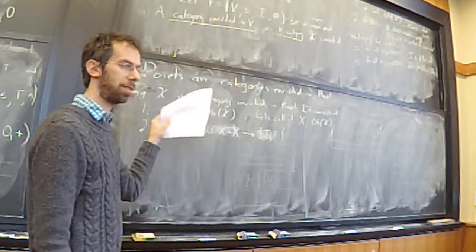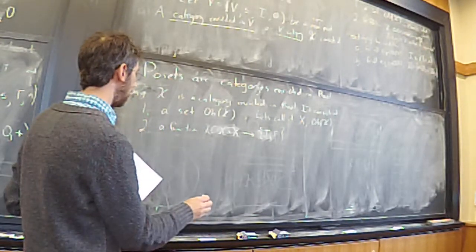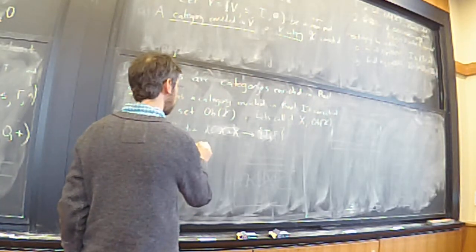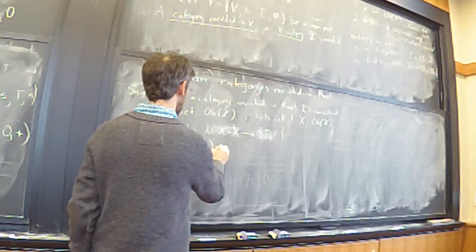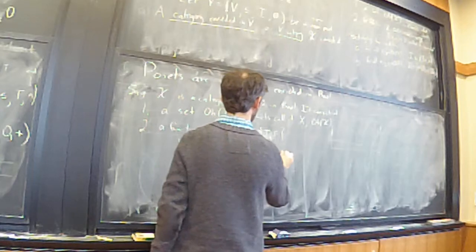I think I wrote it better in the notes. But okay, so how we're going to convert that is if I have X(p,q) equals true, write p less than or equal to q.